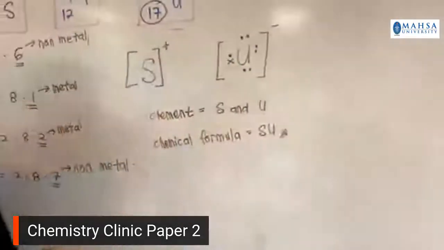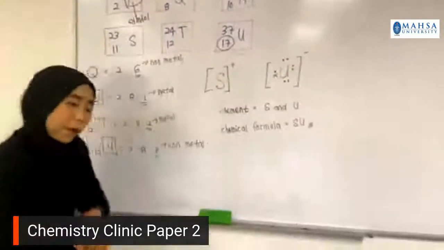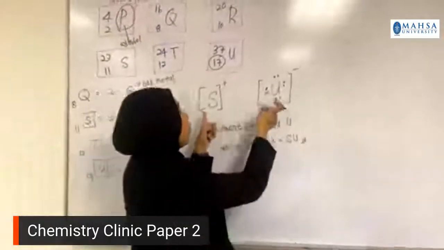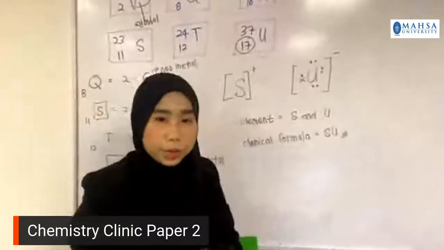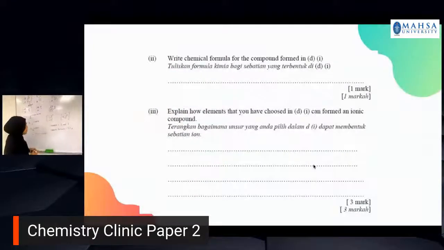That will be the answer. Why? Because it's one positive and one negative. Okay? So your answer here for the next question will refer to which element you choose. Can we go for the next question, Mr. Alex? Sure.